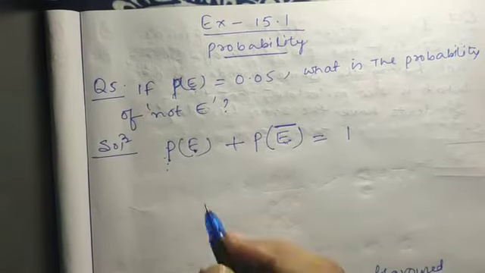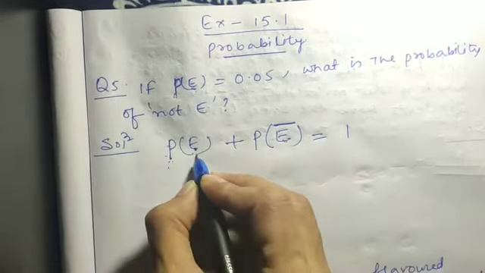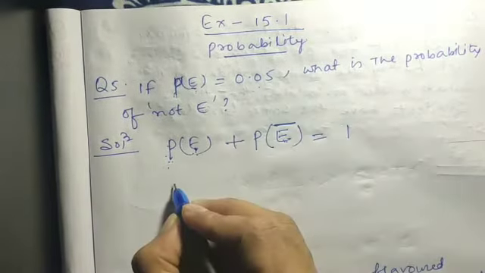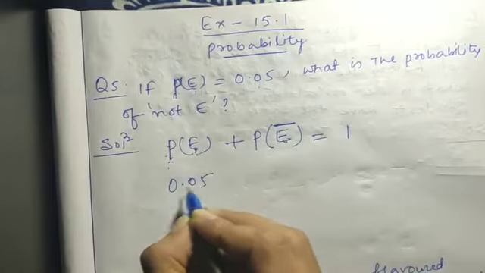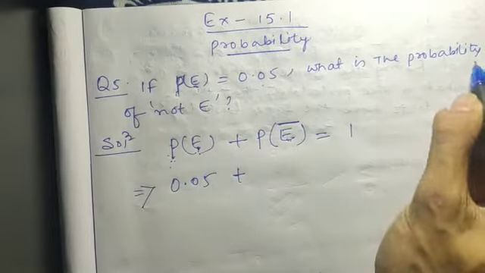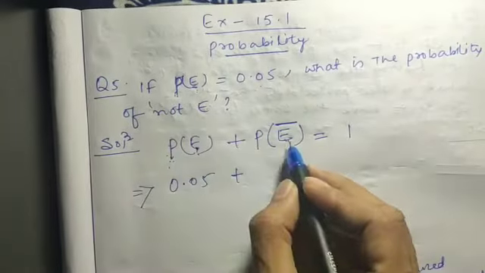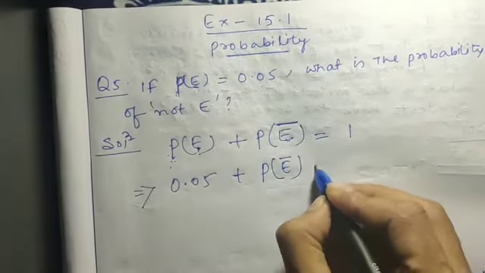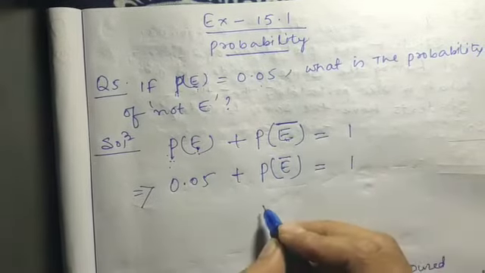So here probability of E, that means probability of happening that event, is given as 0.05. Plus we are asked what is the probability of not happening the event E, we have to find out this one, got it?